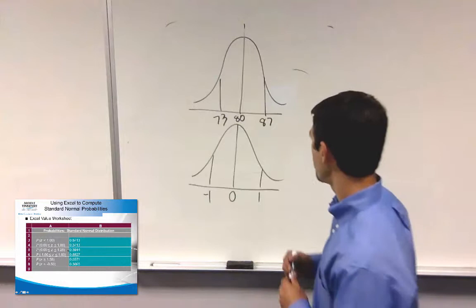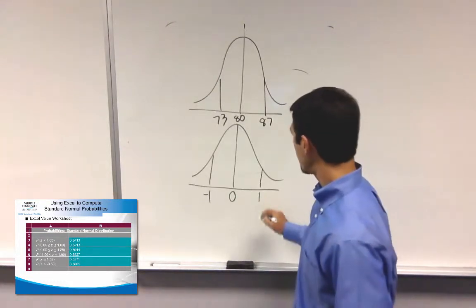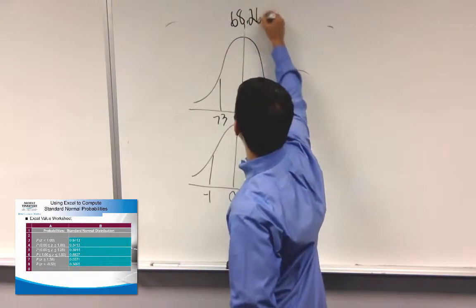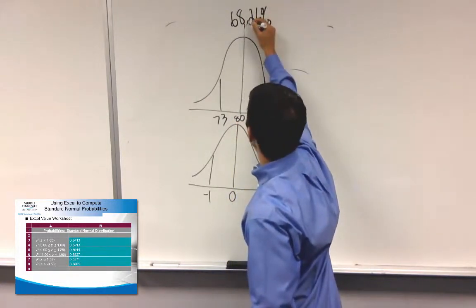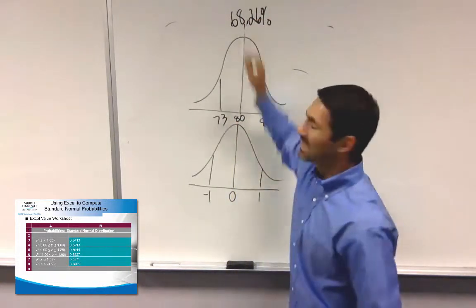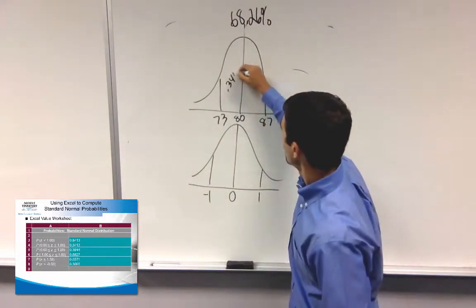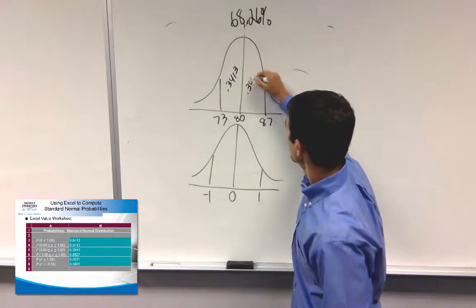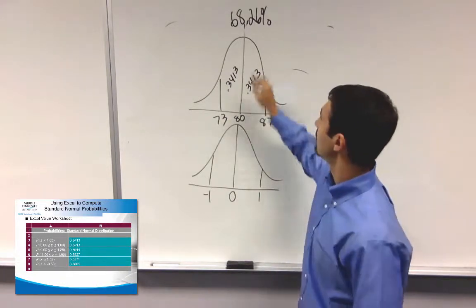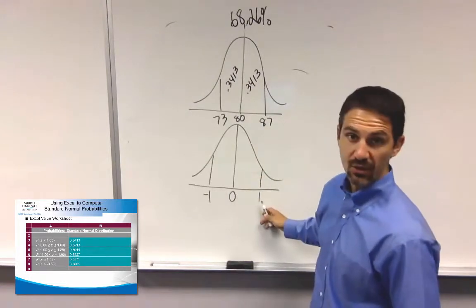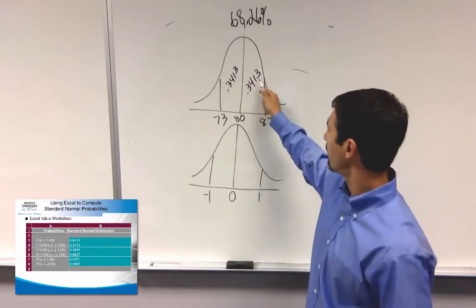Now, remember, here you have a z-score of 1, and before we said it was 68.26%. Well, what's half of 68.26%? So when I add those two together, that's how I get that. So from 0 to 1 for a z-score, it's 34.13.